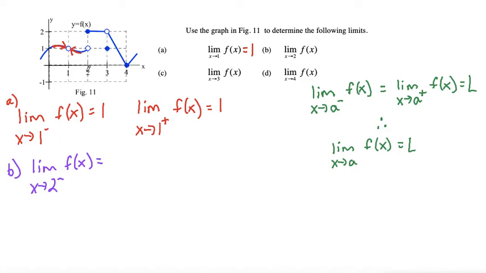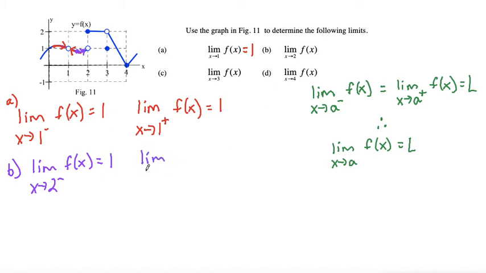So here we find where x is equal to 2. Then we move a little bit to the left and find the function. Once we find that function, we want to reapproach 2 from the left-hand side. So we're reapproaching 2 from the left-hand side. What does that equal? It looks like the function value there is approaching 1, similarly to how it was in part A.